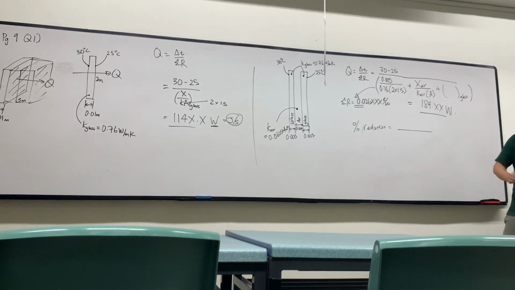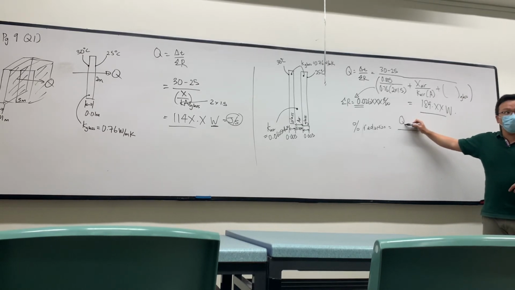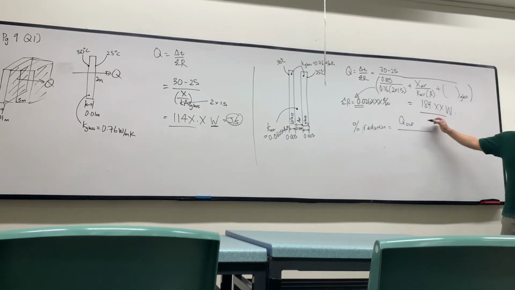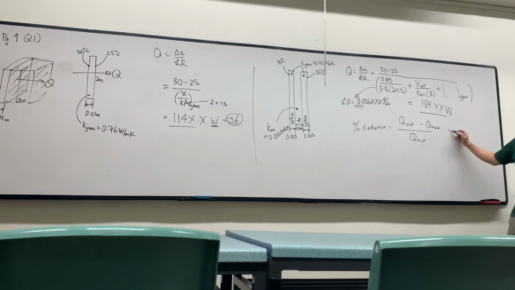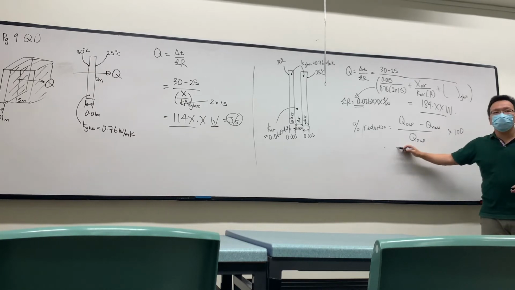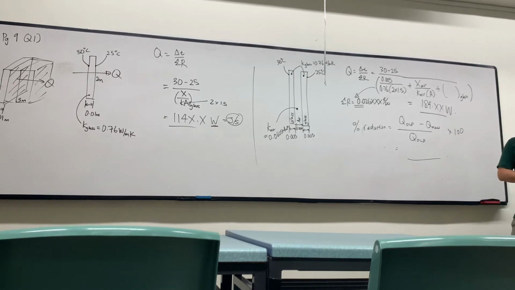Just remember: Q of your original case, minus Q of your new case, divided by Q of the original case, multiplied by 100, equals the answer. So when they ask you to find percentage reduction, you don't have a choice. You must find the Q for both.